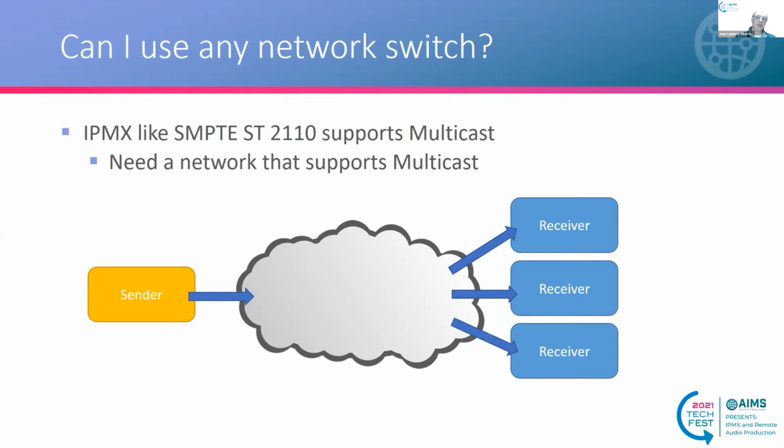But that's not a very good design, and any other device connected to that switch will also be flooded, including any other switch connected further on the network. So you probably don't want to do that. Even though this would work, you most likely will want to use a switch that actually supports multicast routing. So can I use any kind of switch? Kind of, it depends on your setup. But in general, I would say switches that can at least do multicast routing will be required.